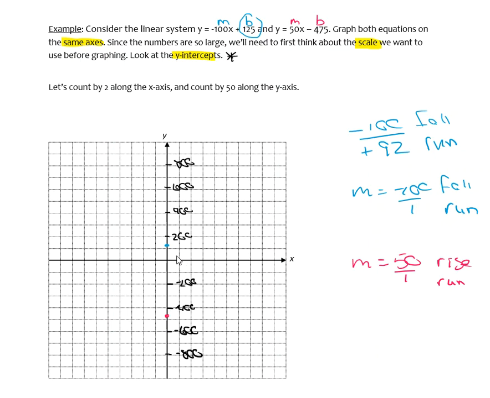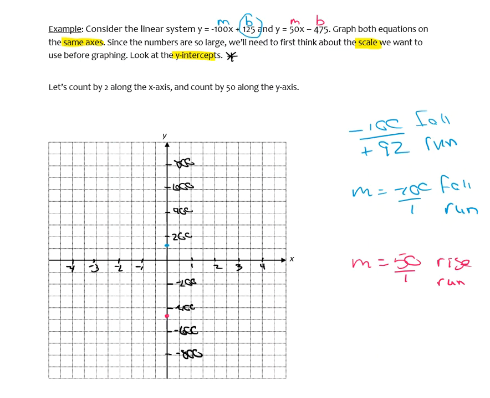Actually, since both of them just run by 1, I only need to go over 1 to the right for each of these, so I'm going to count by 0.5s, just so I have a little more room to find my point of intersection. That's a 1, not a 2, I just said I was counting by 0.5s. 1, 2, 3, 4, and so on. On the negatives, I'm not even going to need to go in this direction.